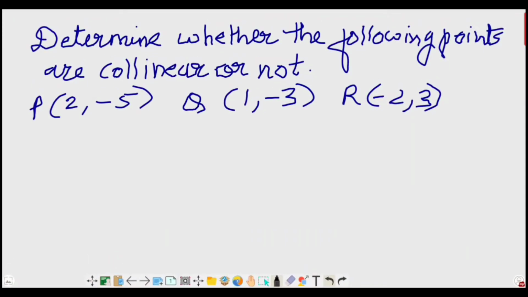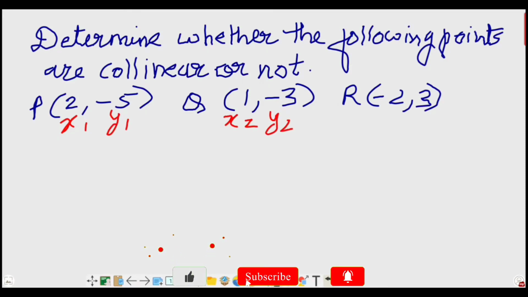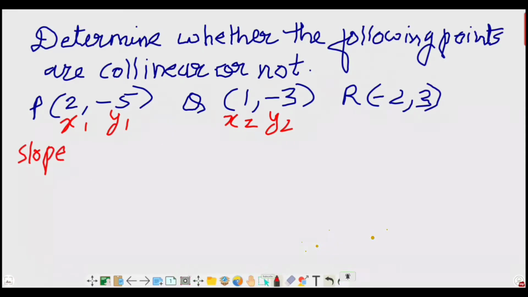Now, determine whether the following points are collinear or not. We will apply the concept of slope here. First of all, I am considering P and Q points. So this is my x1, y1 and this is my x2, y2. First, we will find the slope of PQ.